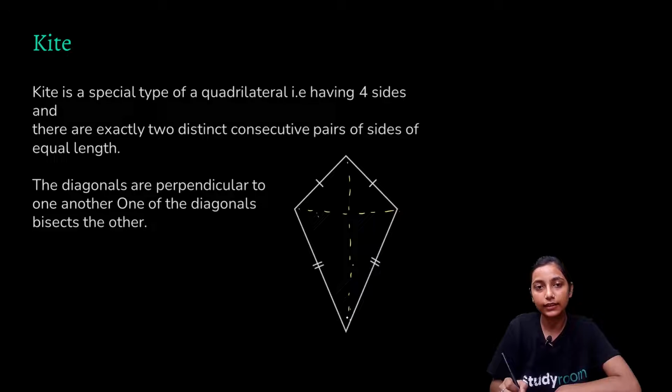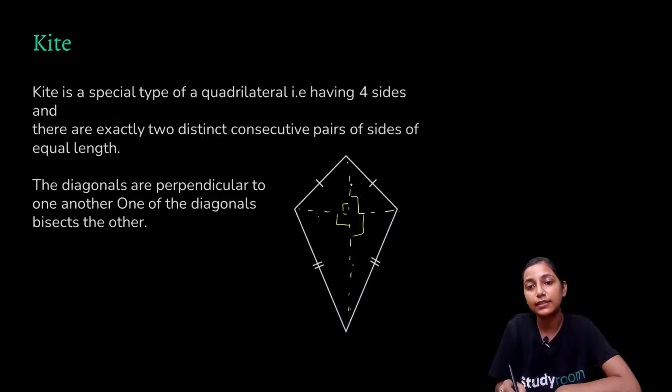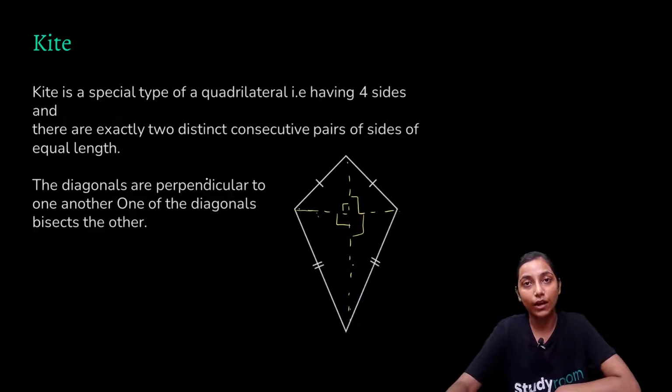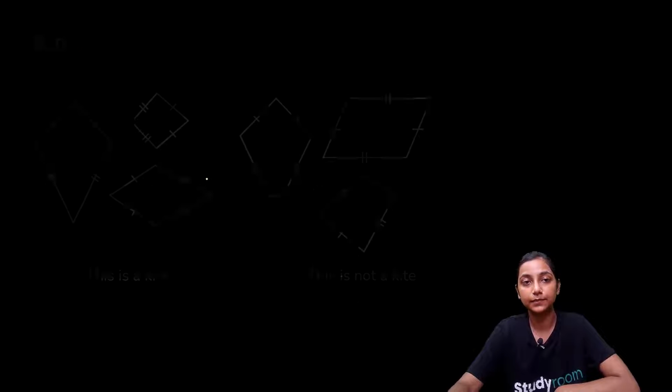These diagonals are perpendicular to one another. They make 90 degrees with each other and one of the diagonals bisects the other. You can see that this diagonal is bisecting this one. These both parts are going to be equal. This is a kite. These are all the properties of a kite.